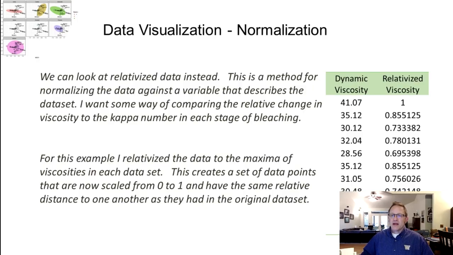And so I can compare the relative change and use that range, max, to come up with a range of viscosities, or a set of data points that is now scaled from 0 to 1. They still have the same relative distance that they had in this data set, but now it's unitless, right? And I can do the same thing for both data sets.